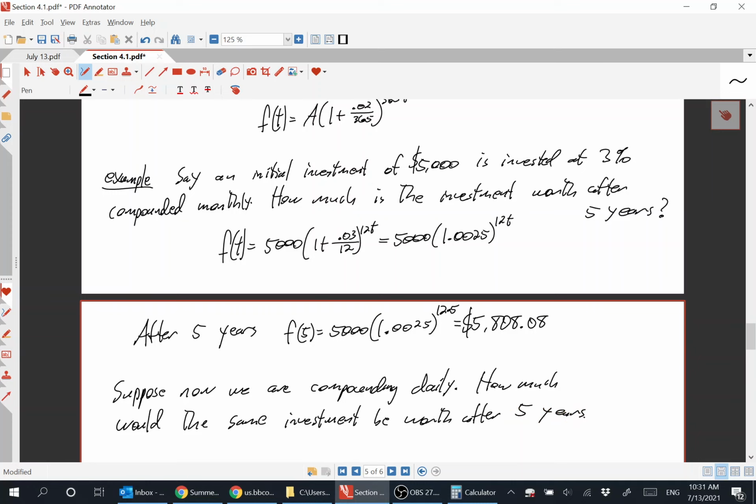Does it make a difference how many times you compound per year? Absolutely it does. The more compounding periods you get, the more growth power the same interest rate has, although it's not that big an increase. So let's check it out.